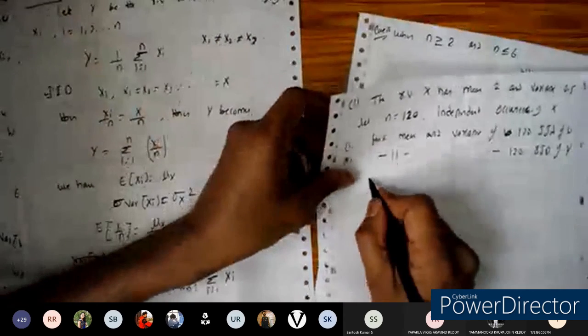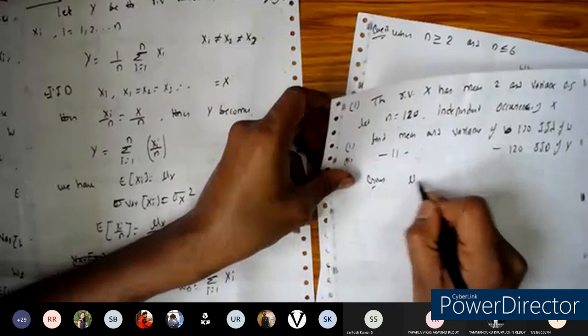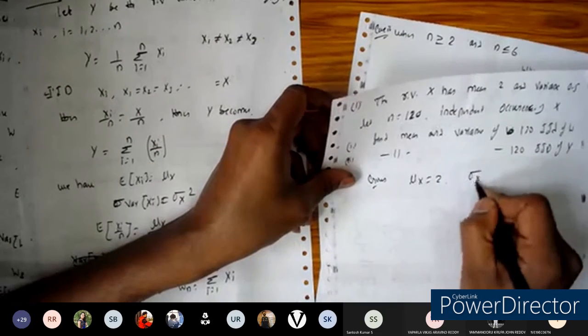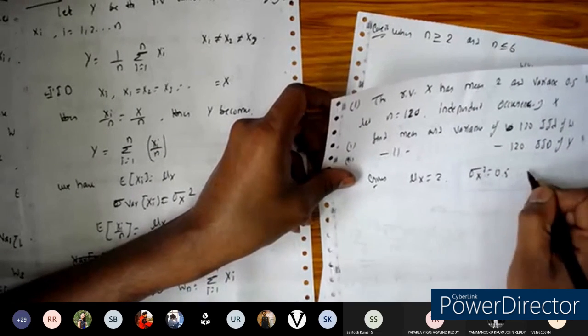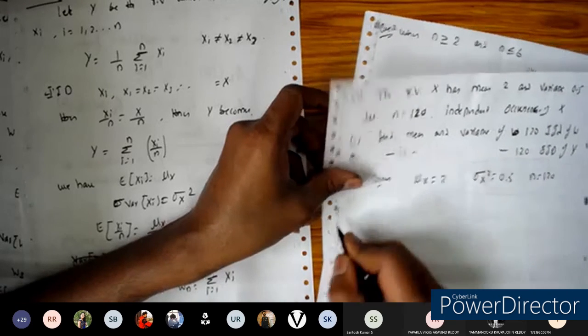It has been given that nu x is equal to 2 and sigma x square is equal to 0.5, and n is equal to 120.